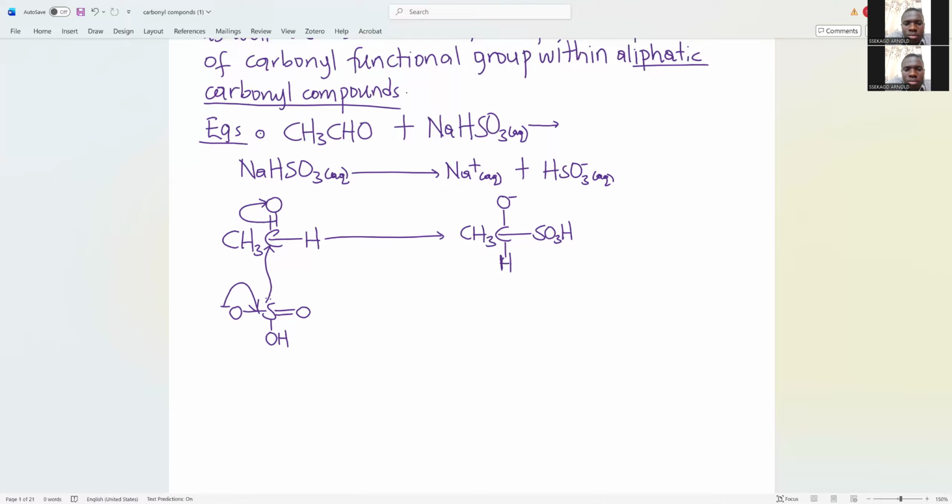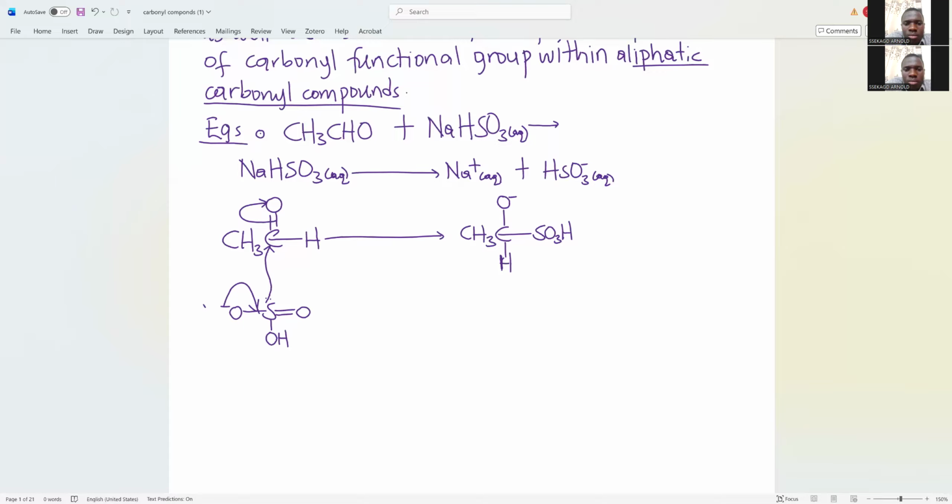Once we donate to carbon, sulfur no longer has those lone pairs of electrons. It becomes electron deficient. Here we have oxygen with a negative, so it is electron rich. It donates to sulfur. Therefore, this sulfur is not having a plus.